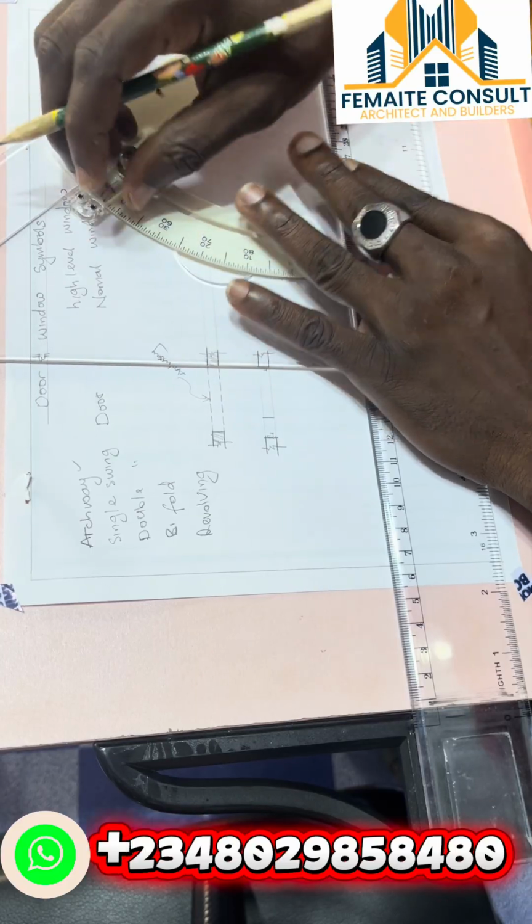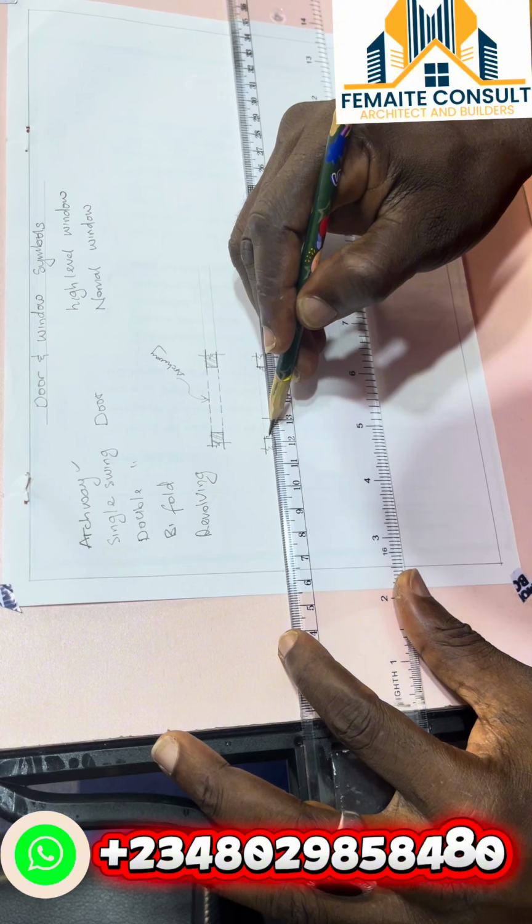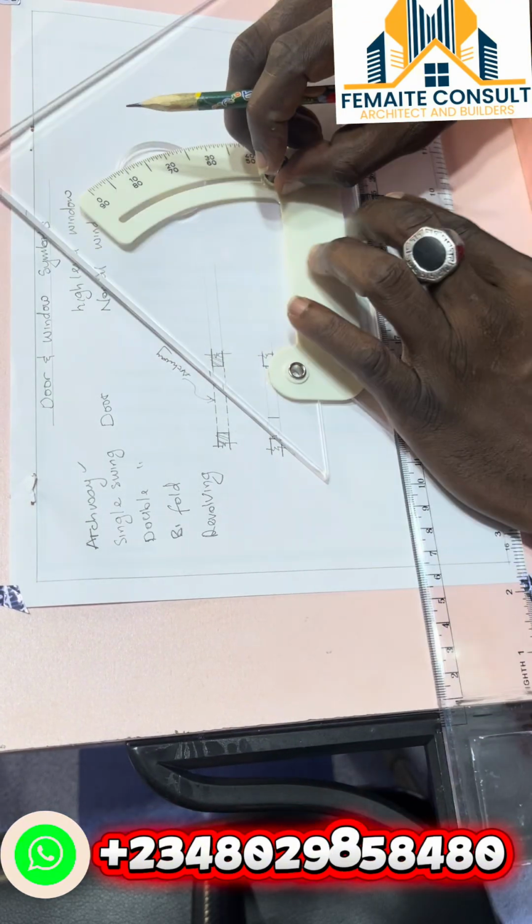What I want you to know here is the idea of where you are going to. You can see I didn't explain to you how I'm doing it. I'm just giving you the design details.